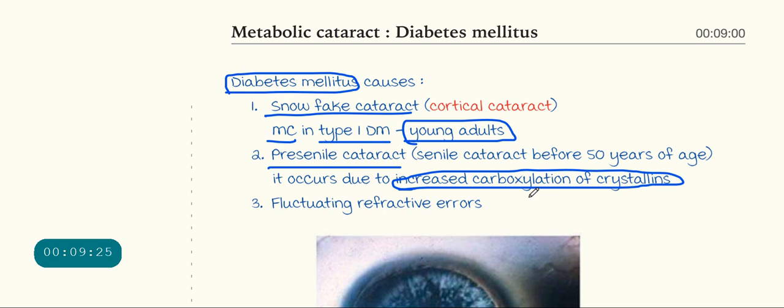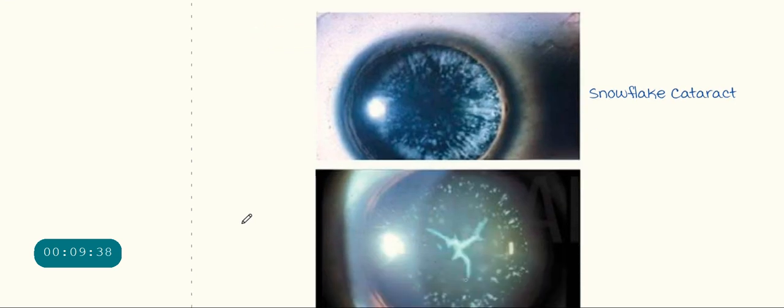Another cause of diabetes mellitus is fluctuating refractive error.